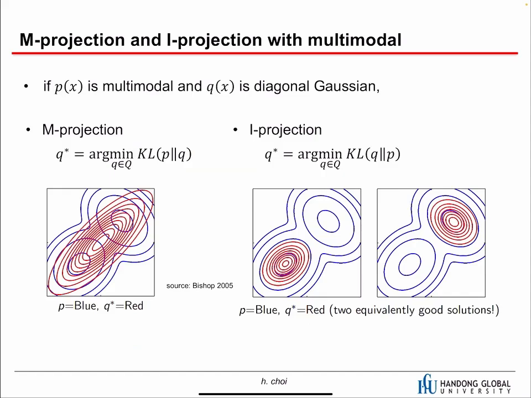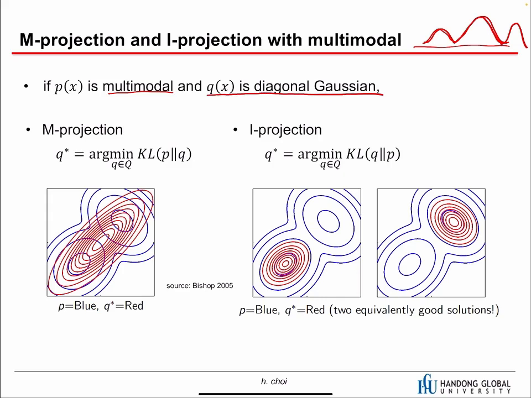This slide explains the same thing with different figures and a different example. If P(x) is multimodal, multimodal means in one-dimensional space it looks like this. We have two modes here. It could be three modes. So multimodal means we have multiple modes, and Q(x) is a diagonal Gaussian.